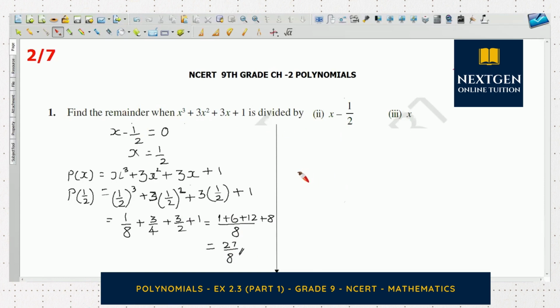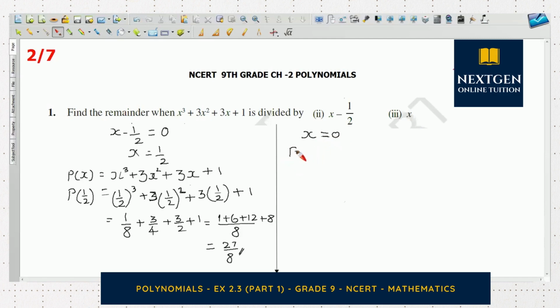That was the second one, x minus 1 by 2. Okay, let's get into the third subdivision, that is x. So here there is no constant in the divisor. As usual, equate it to 0. So now my x value is 0.